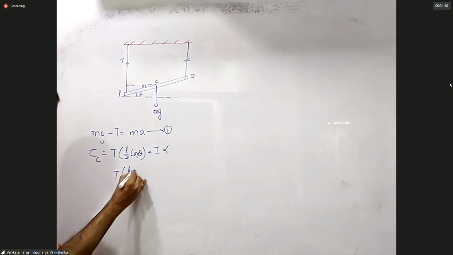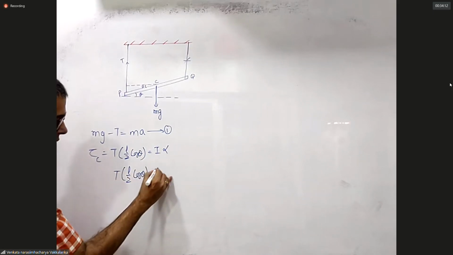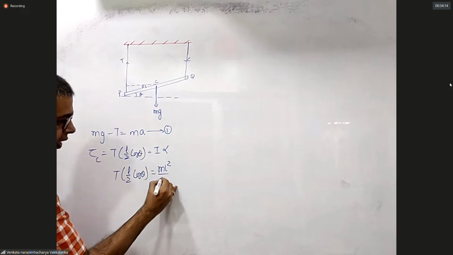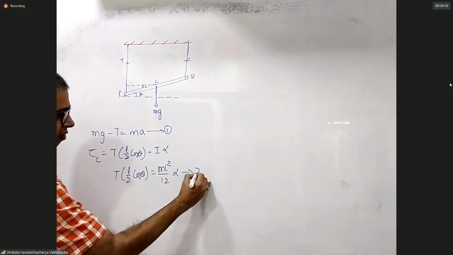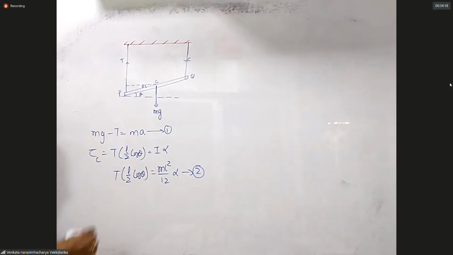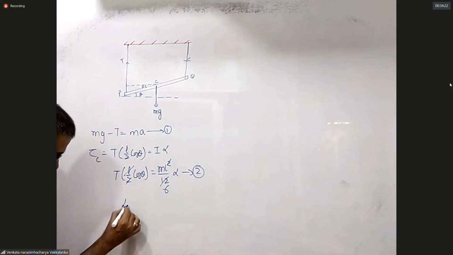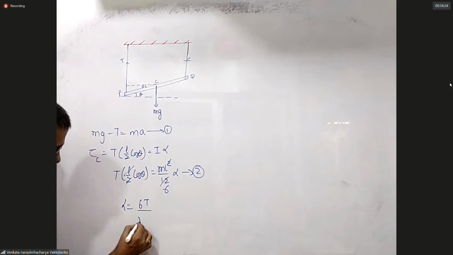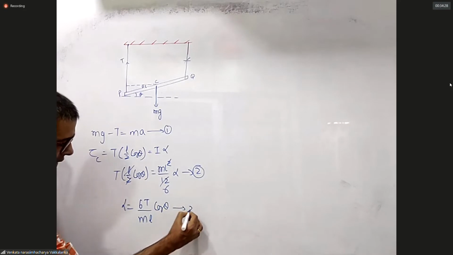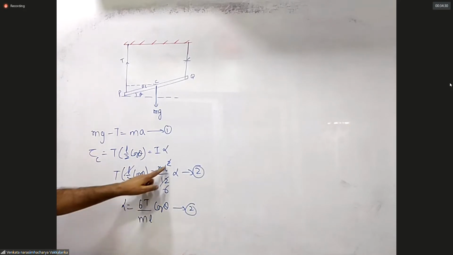So T into L by 2 cos theta is ML square by 12 into alpha. One L will get cancelled. Alpha is 6T cos theta by ML, if my calculation is correct.